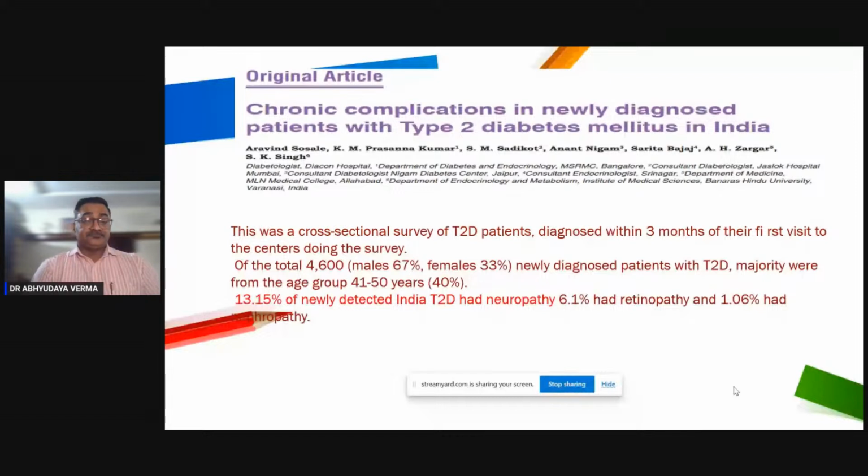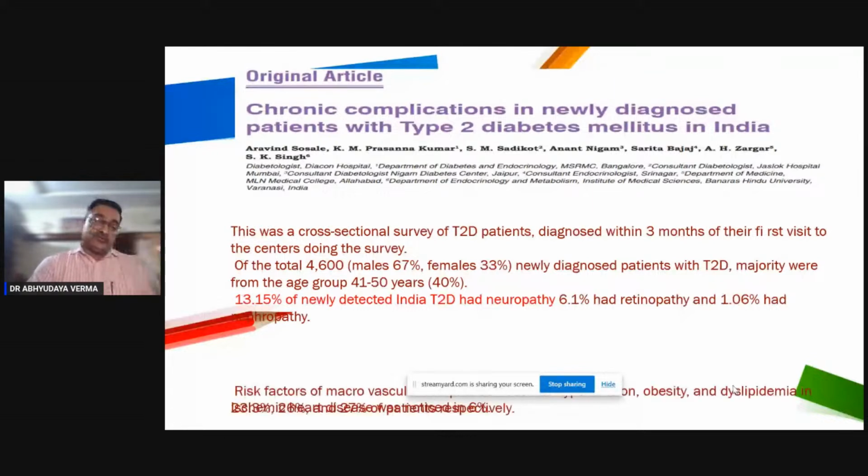And surprisingly, you can see here, 13.15% had newly detected diabetic neuropathy, 6.1% already had retinopathy, and 1% had nephropathy. So you can see these are newly diagnosed diabetic patients.